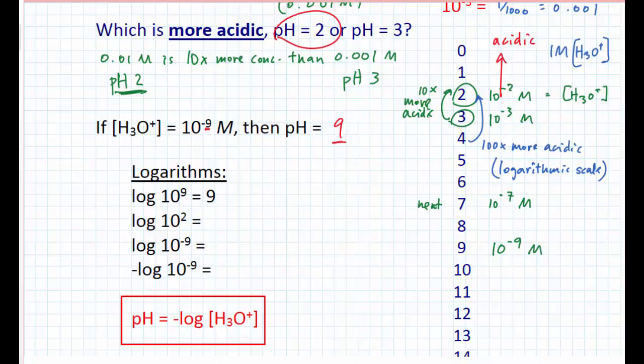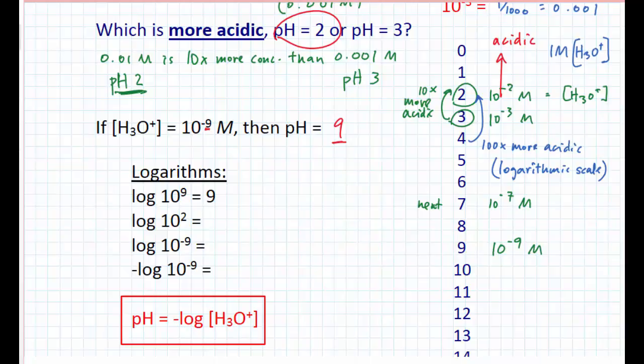Look at this quick definition right there. The logarithm of 10 to the 9 is just 9. So the logarithm says, to what power did we raise 10? That's a standard base 10 logarithm. There are other bases, like the natural logarithm has the base of e. But a regular base 10 logarithm just says, to what exponent did we raise 10?